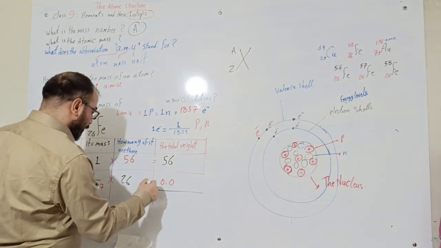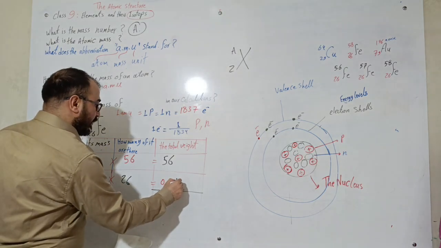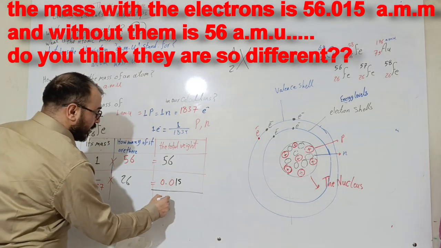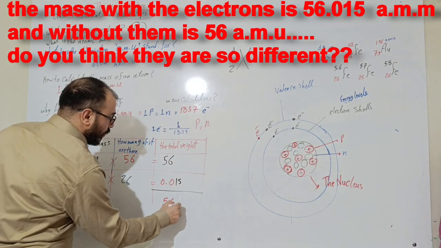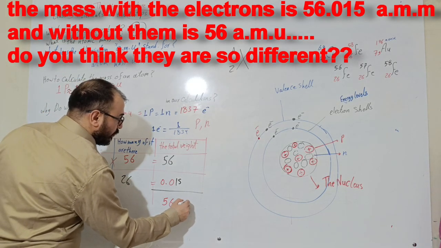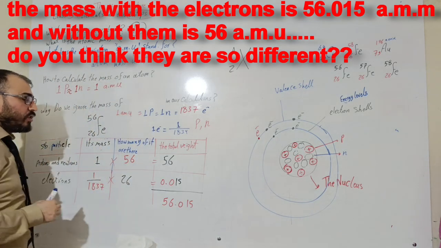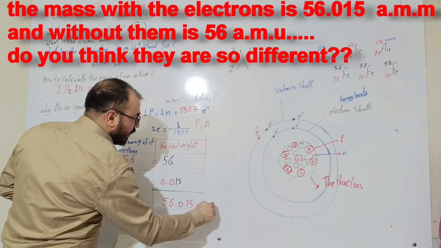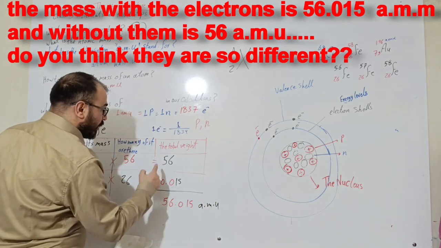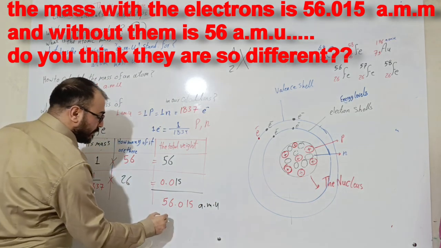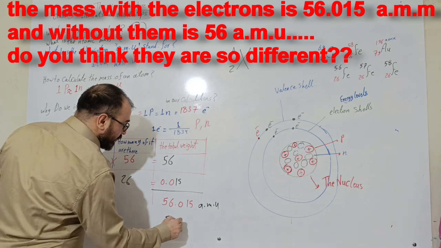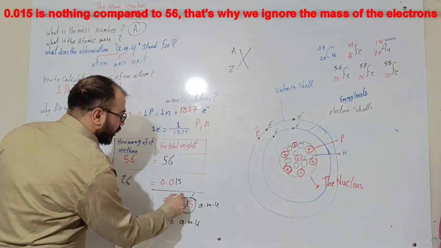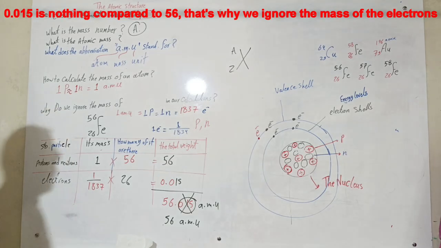It's going to be 0.015. So the total mass is going to be 56.015. Actually, we can say that the mass of this atom is 56 AMU, because we can ignore this very small amount in here.